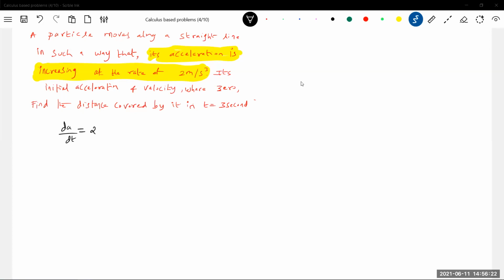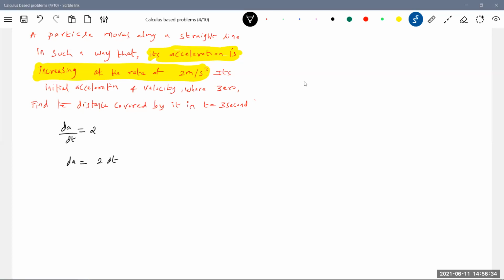Okay, sir. Vishal, okay now. dA equal to 2 dt. That's all, directly. dA is equal to 2 dt. Please don't get scared because I'm scolding some of you very harshly.